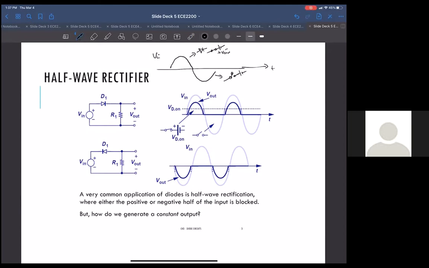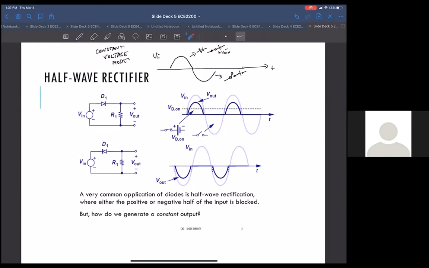Okay, so basically what does that do? If I have a closed circuit when Vin is driving this thing, the output is just going to follow Vin. But because remember, this is the constant voltage model of the diode, I have this extra battery in the path.